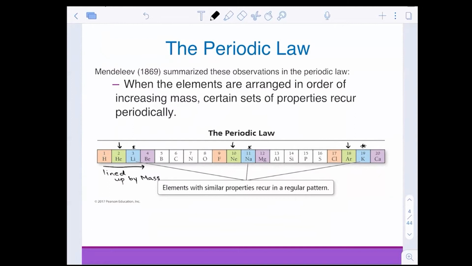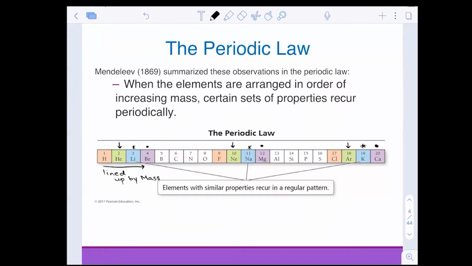When they were stored, they could react with the moisture of the air, and when they did, they were explosive. Again, he went a little bit further and said, well, beryllium and magnesium and calcium all kind of react the same. They're not as violent as lithium and sodium and potassium, but they still do react slightly with moisture in the air and specifically with water.